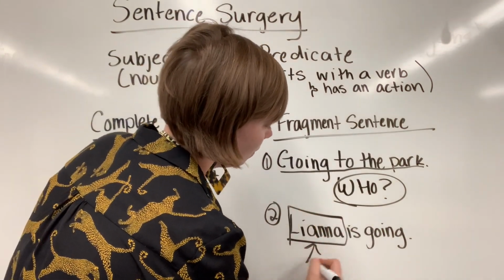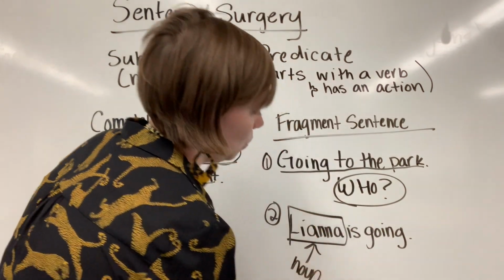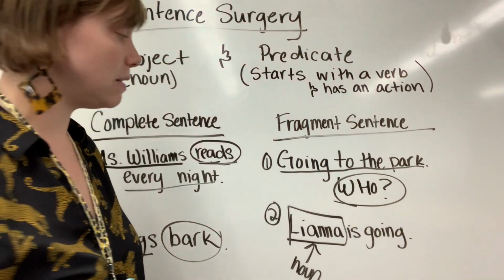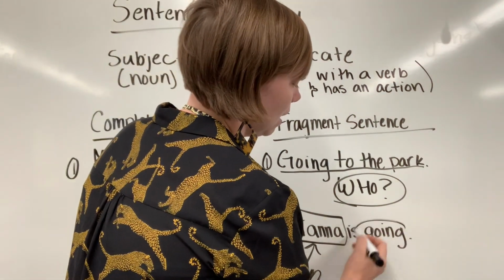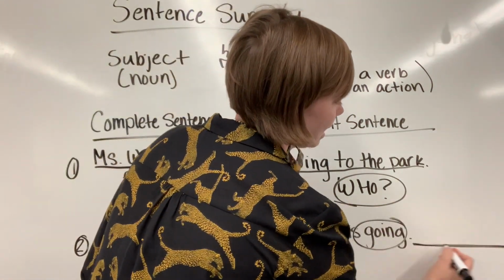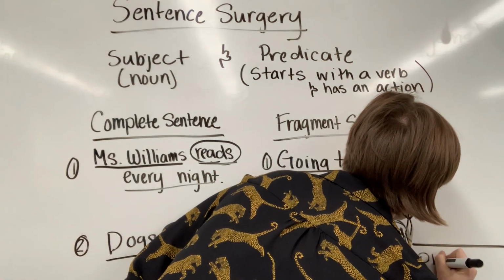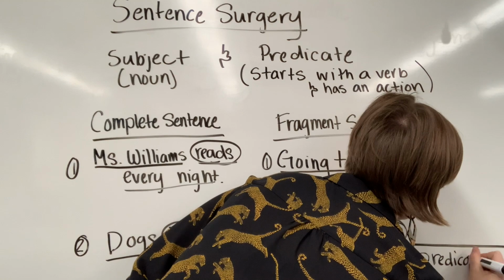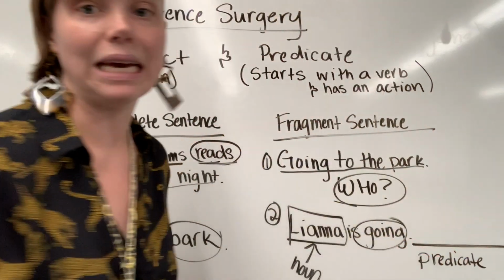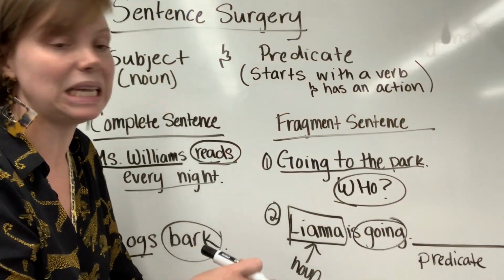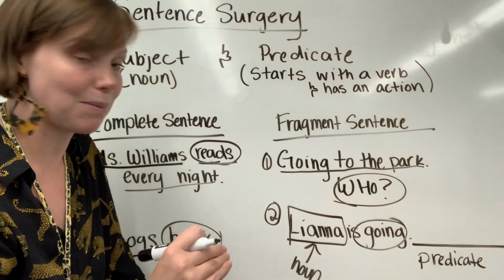So we have a noun. We have a verb. Is going is the verb. But we don't have the predicate. We don't know where Liana is going. So it's an incomplete predicate and it is a fragment.